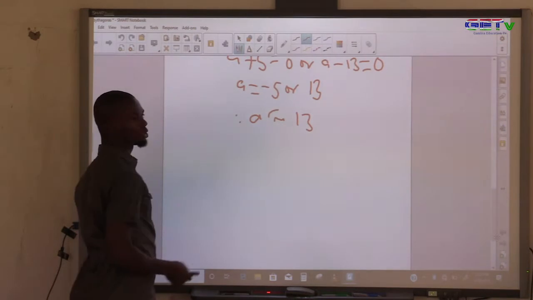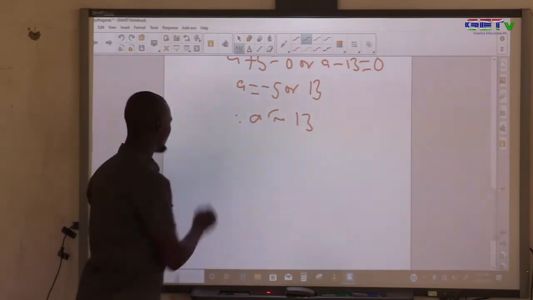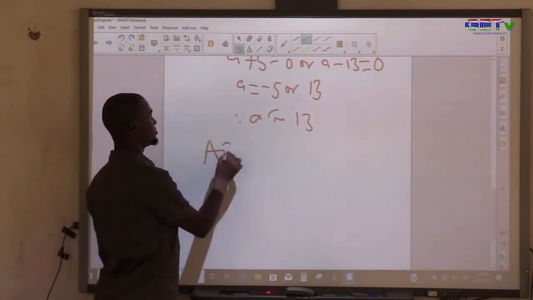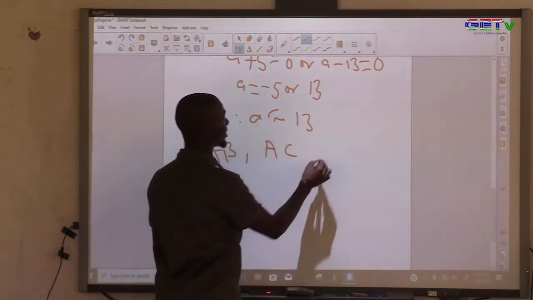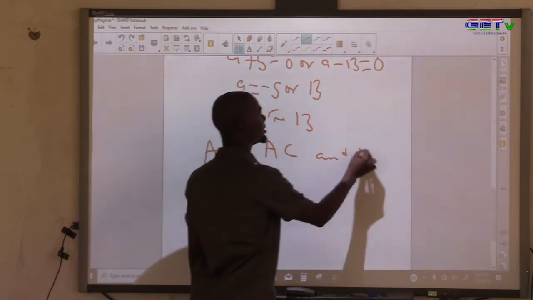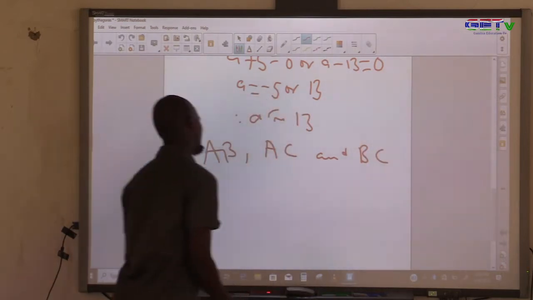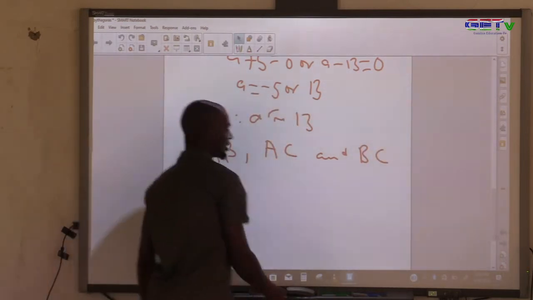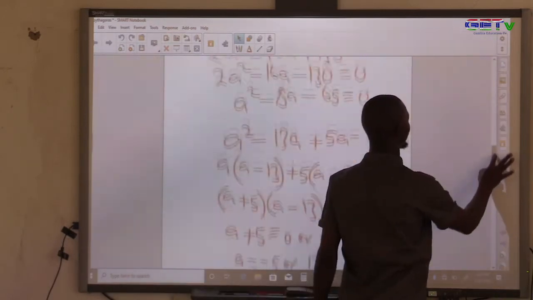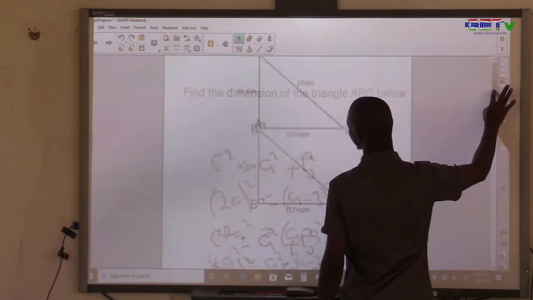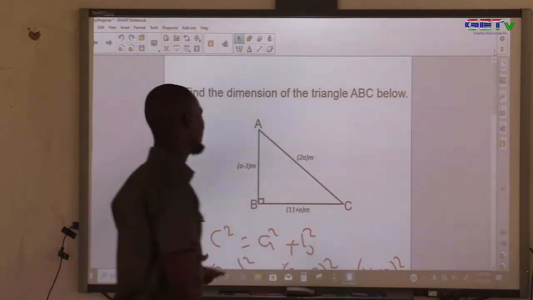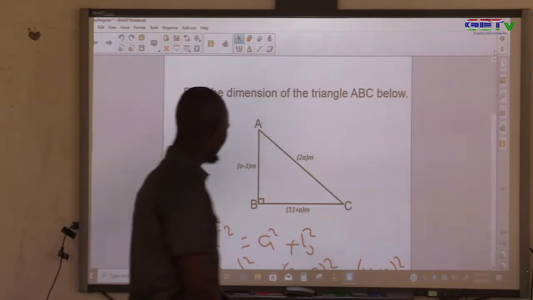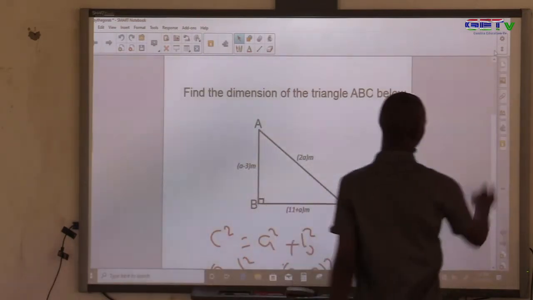We find the dimension of the triangle. The dimension of the triangle is AB, comma, AC, and BC. So AB is what? What is the distance on the triangle of AB? If you look at the triangle, AB is a minus 3, AC is 2a, and BC is 11 plus a.